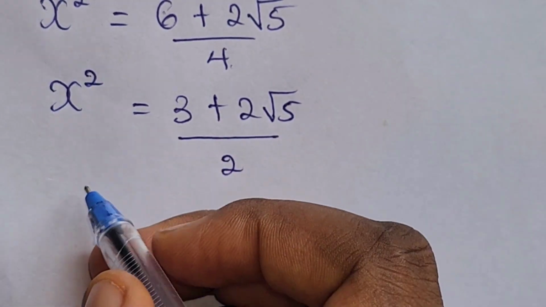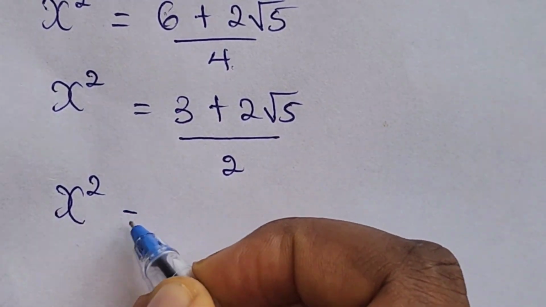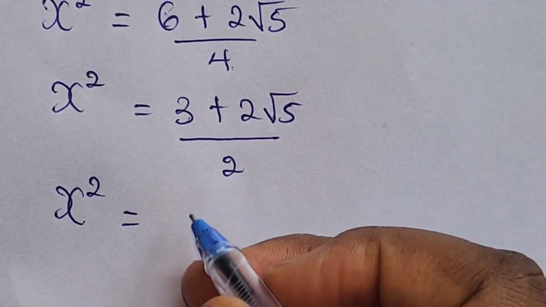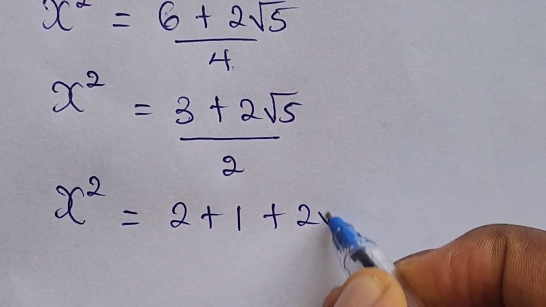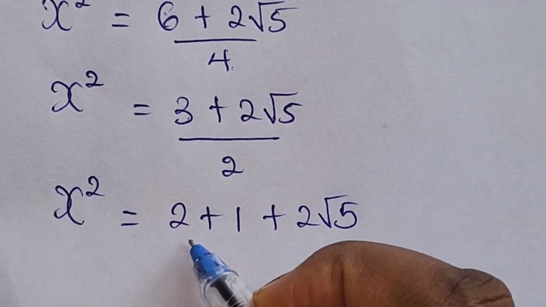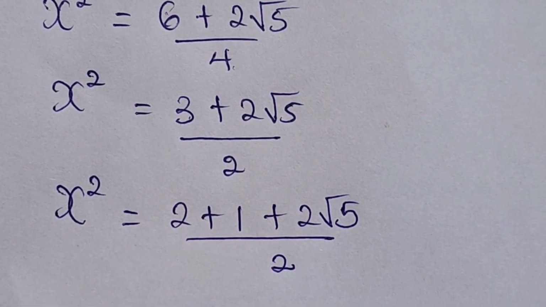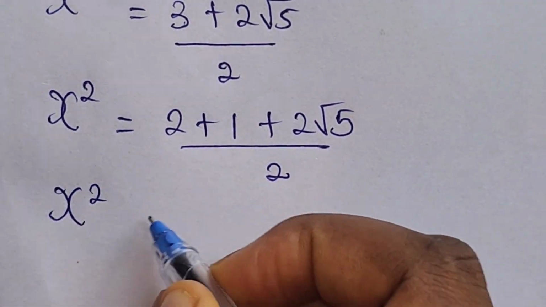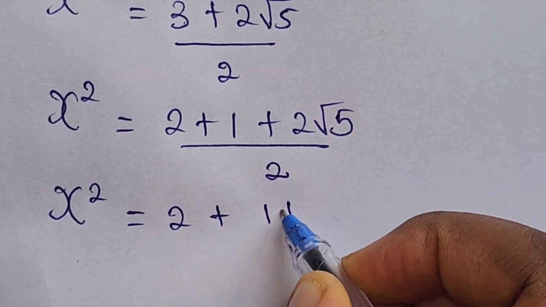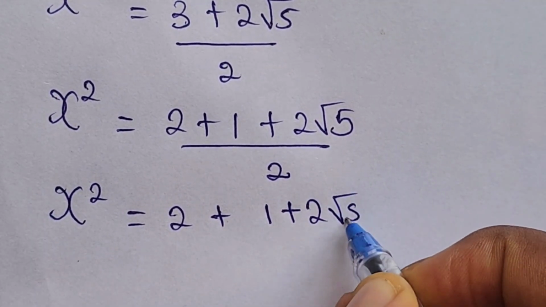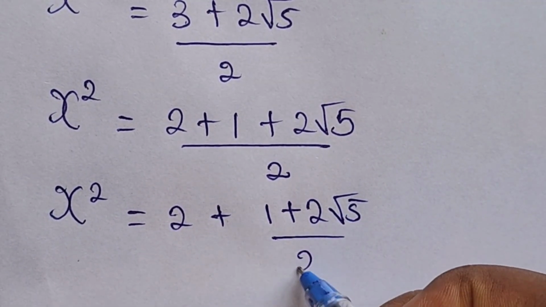So when we split this, we'll have x to the power of 2 equal to, our 3 is the same as 2 plus 1, so (2 + 1 + √5) all over 2.